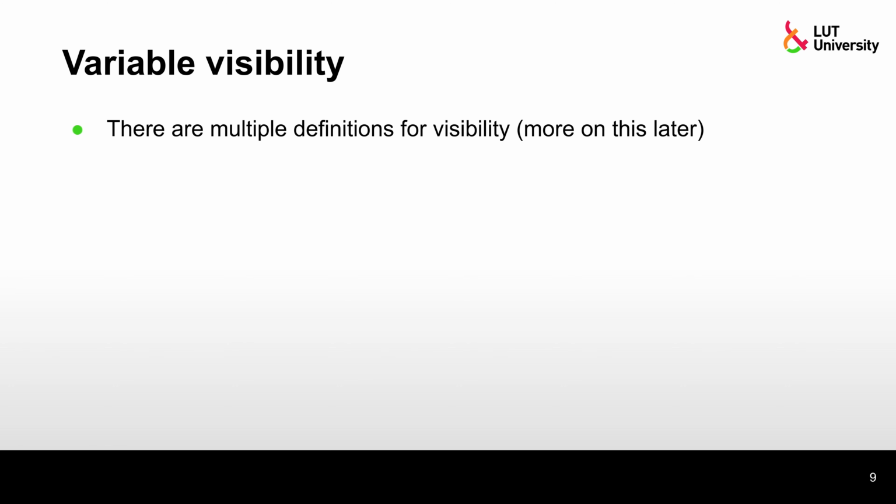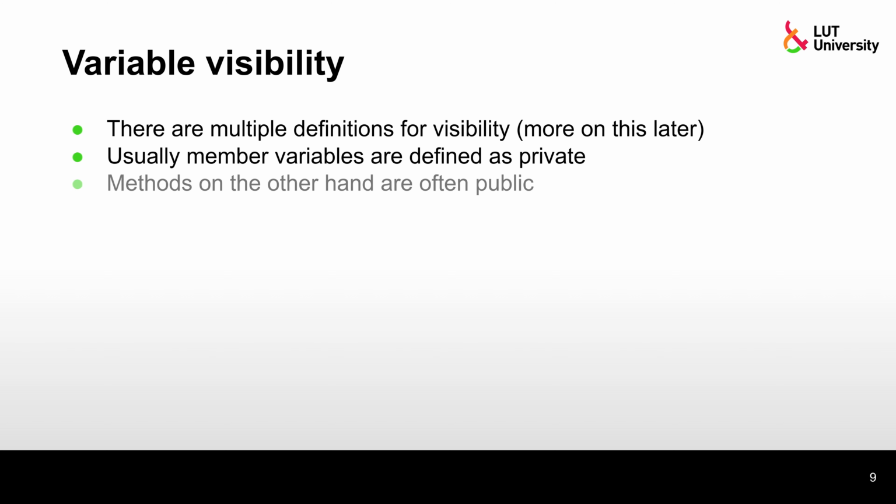And then one of the most important parts of this video is this variable visibility. So there are multiple definitions for visibility. We will cover a few here and a few then on the next week. And usually member variables are defined as private. And methods, on the other hand, they are often public, not always, but often.